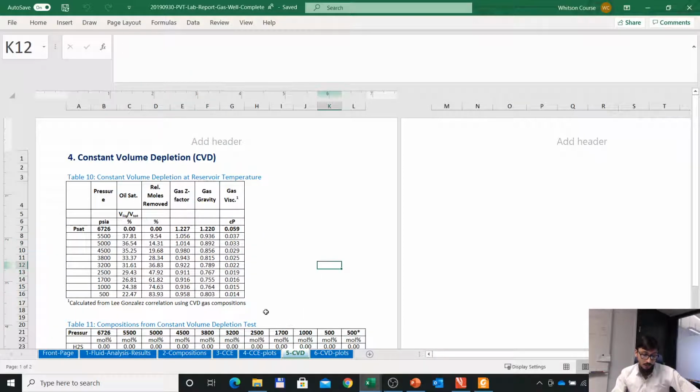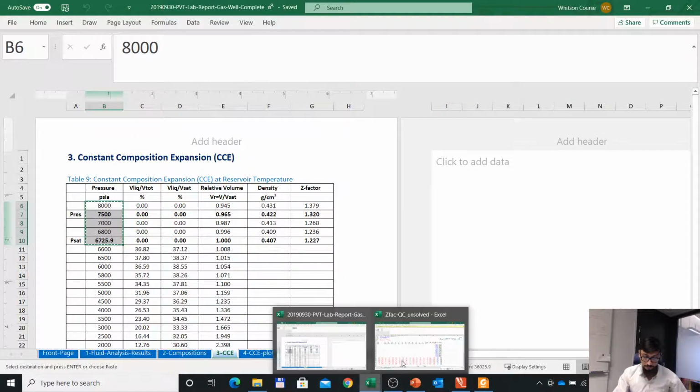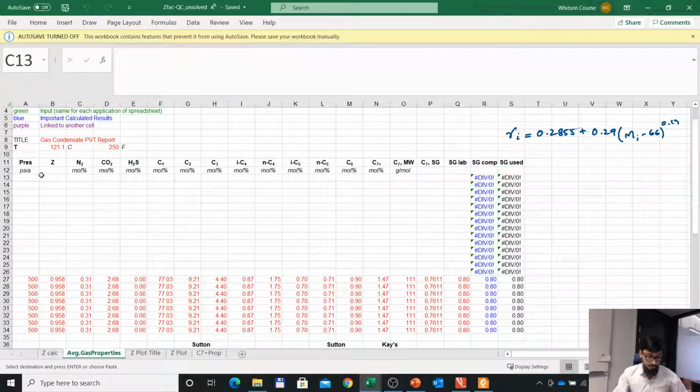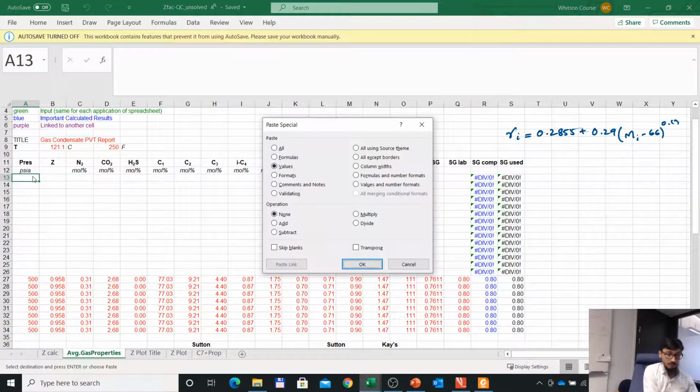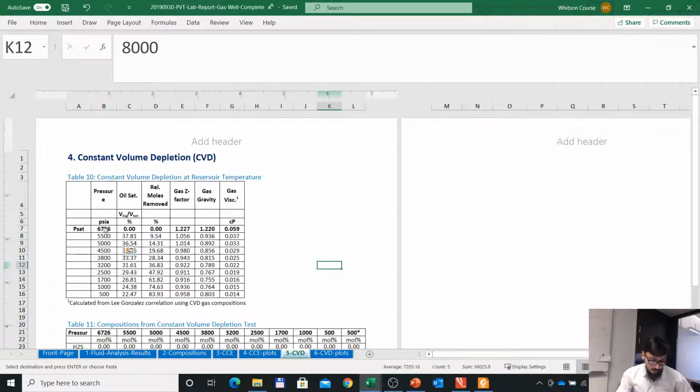So first we will copy the pressures here in this column, and then go to the CVD again and copy all the pressures.